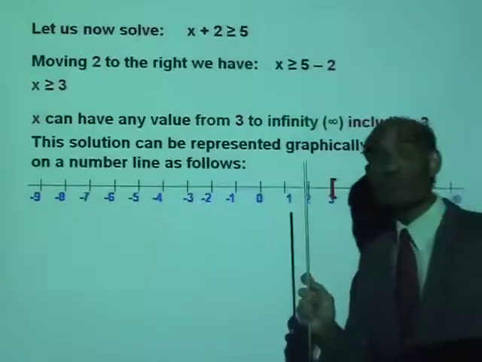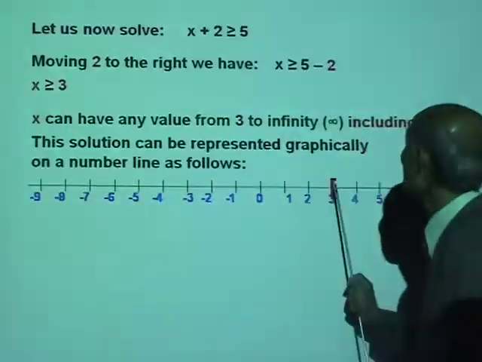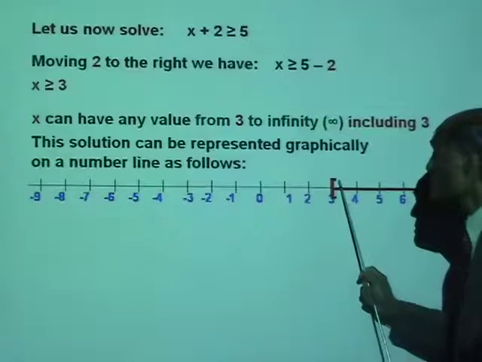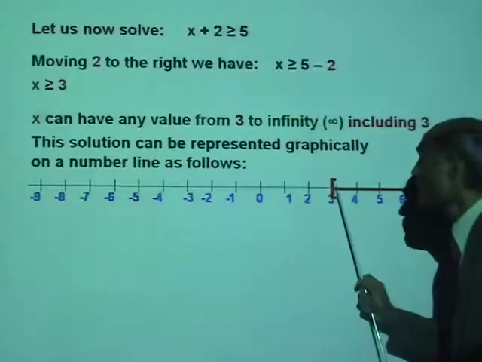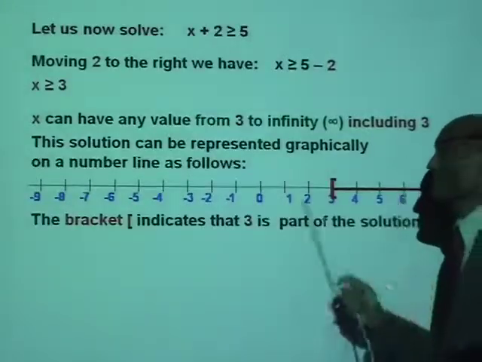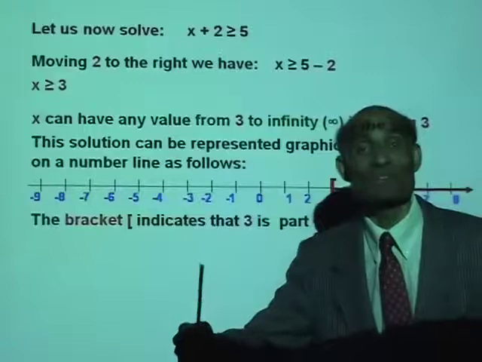The square bracket means that number is included. And now we put an arrow to the right. Okay? So what does this mean? This means x equal to 3 or greater than 3. The bracket indicates that 3 is part of the solution.